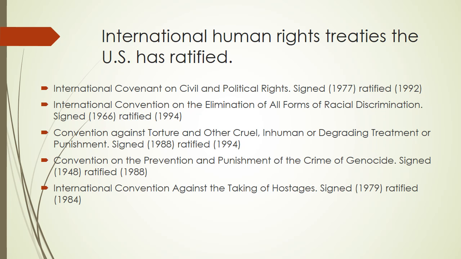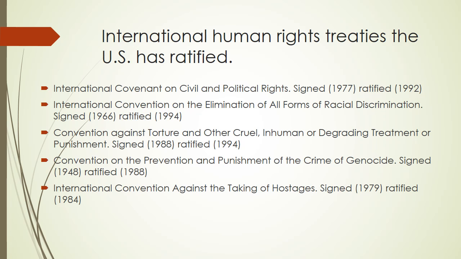This is international human rights treaties the U.S. has ratified. The International Covenant on Civil and Political Rights, signed 1977, ratified 1992. International Convention on the Elimination of All Forms of Racial Discrimination, signed 1966, ratified 1994.